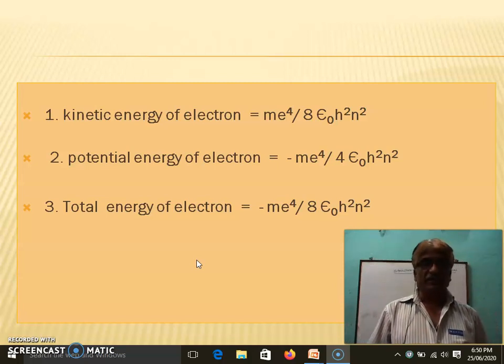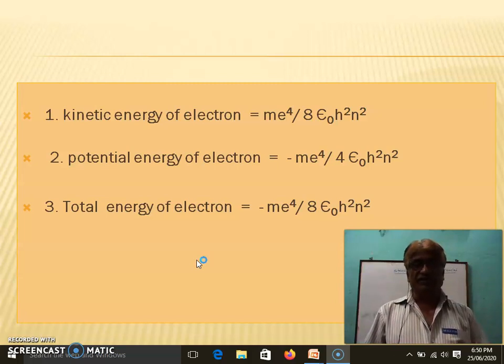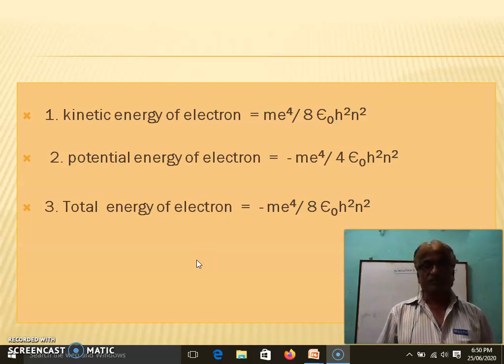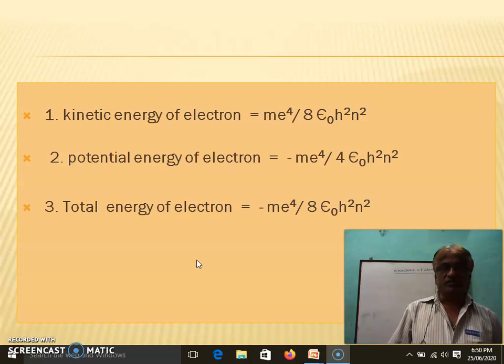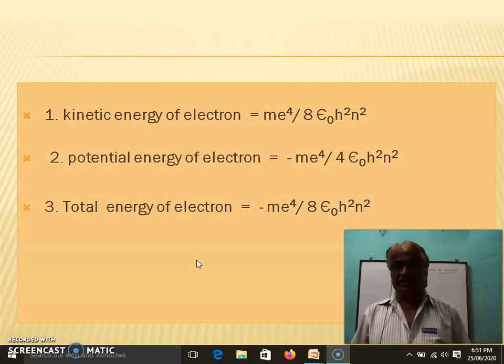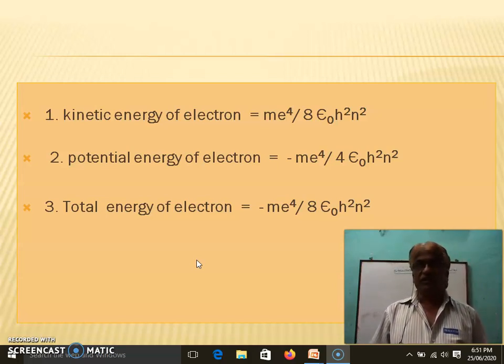A similar formula will be there for the potential energy of the electron. We study the potential energy of the electron in detail. This potential energy of the electron has a negative direction, because when a force is acting on the electron, work is done and the electron will be displaced.